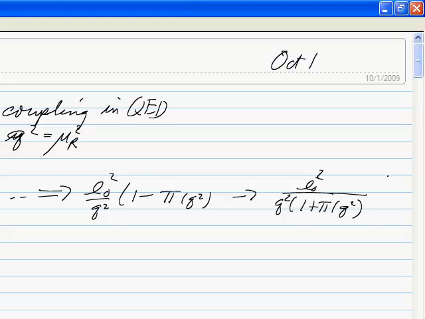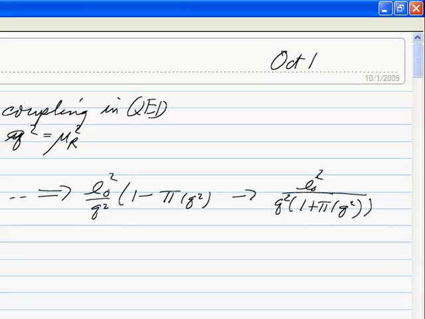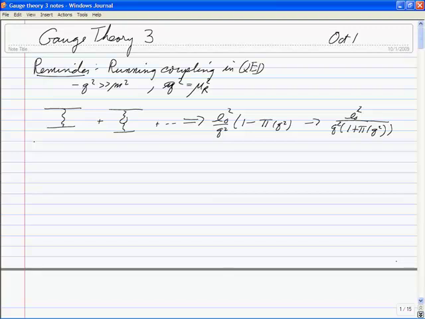But if we're doing perturbation theory, we don't really have to worry about that part. I'm not going to force that on you, because actually in QCD it's not as easy to do that summation, and you'll see why.